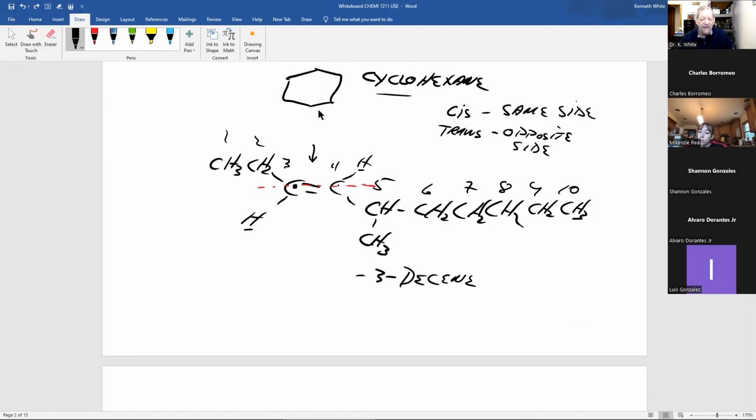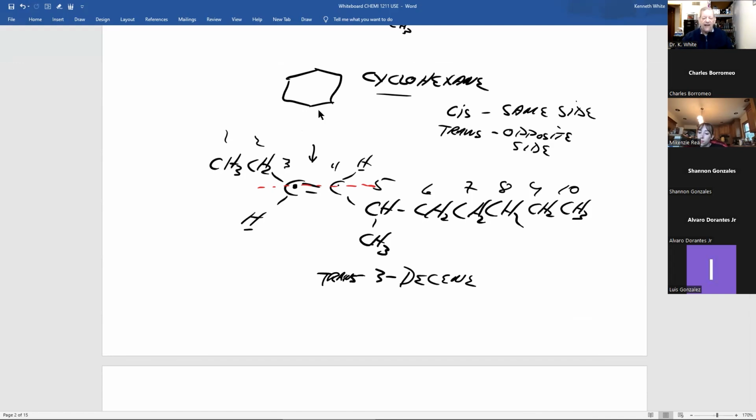And therefore, this is trans-3-decene. And finally, oh, it's your old friend, the methyl group, and that's on carbon 5. So this would be 5-methyl-trans-3-decene. And that's how you do it.